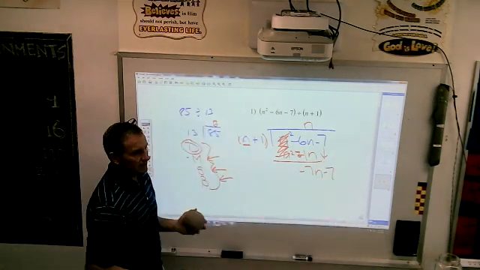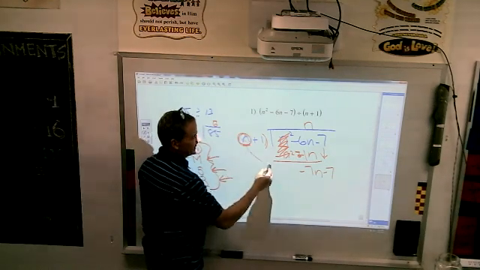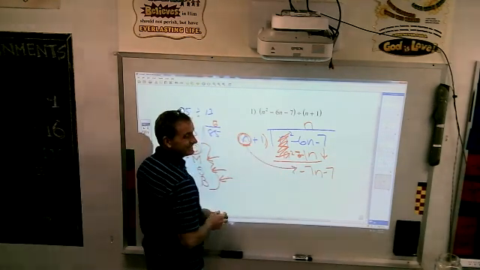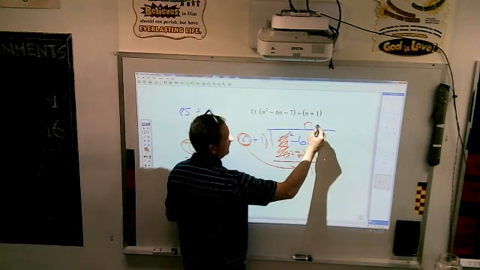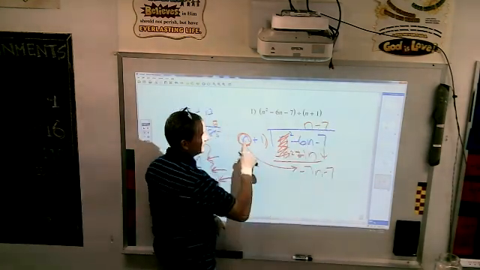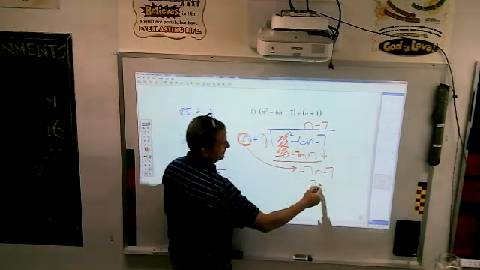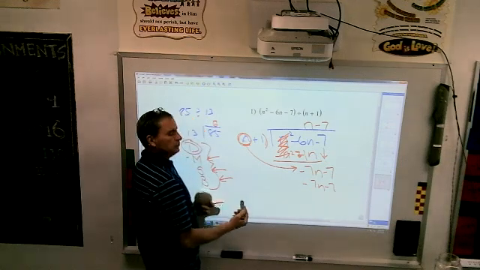Then the whole process starts again, and you ask yourself, what do I multiply n by to give me negative 7n? A negative 7. I write that up there. I do the multiplication. Negative 7 times n is negative 7n. Negative 7 times positive 1 is negative 7. Then I do the subtracting.